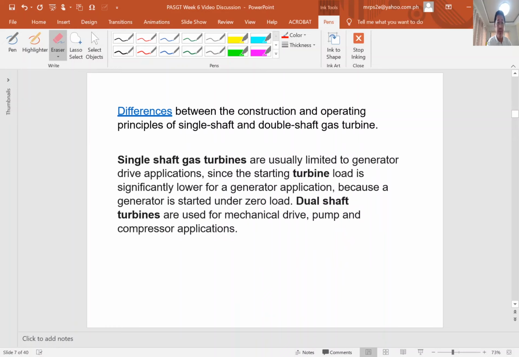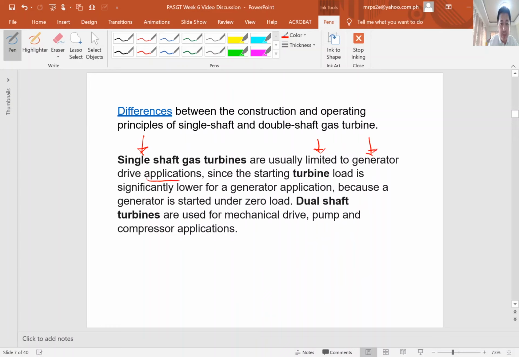Remember, if single shaft gas turbine, the application is limited to generator. So application.